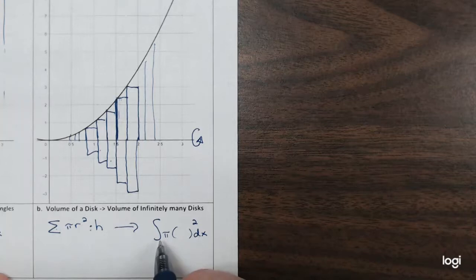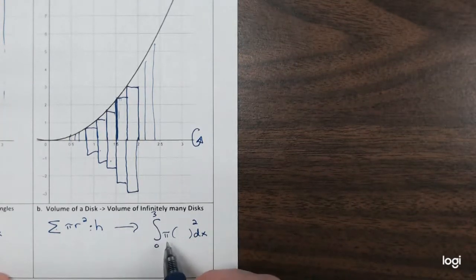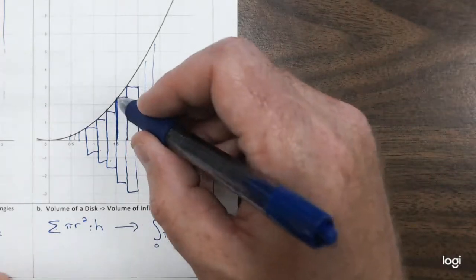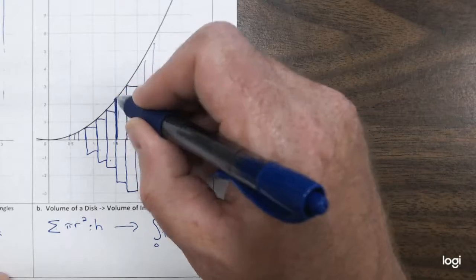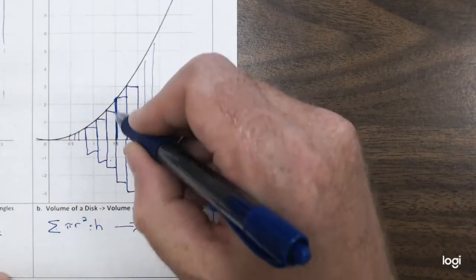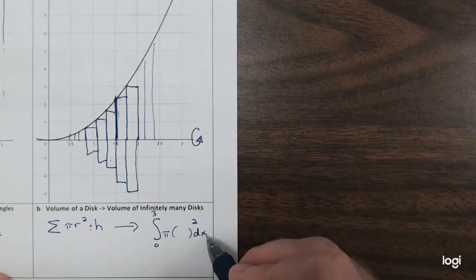So we're going to add up infinitely many of these disks between 0 and 3, and our radius value is always the y value of this function, right? Because we have x, y. Here's our y value. I'm not going to write y in there because this integral is in terms of x.